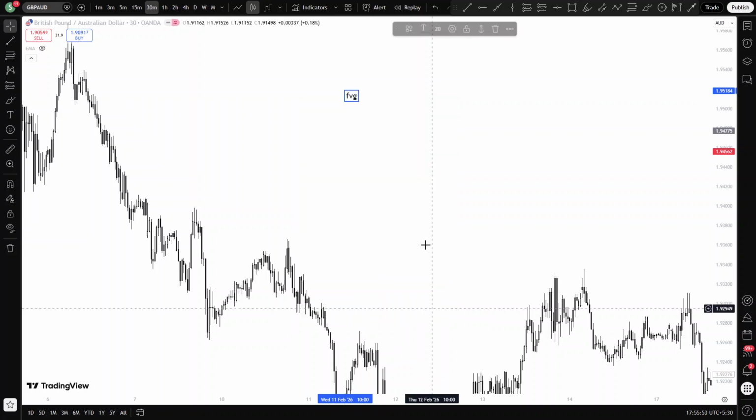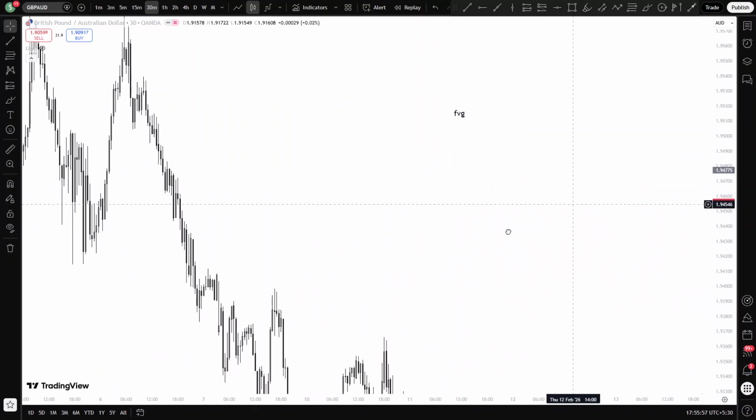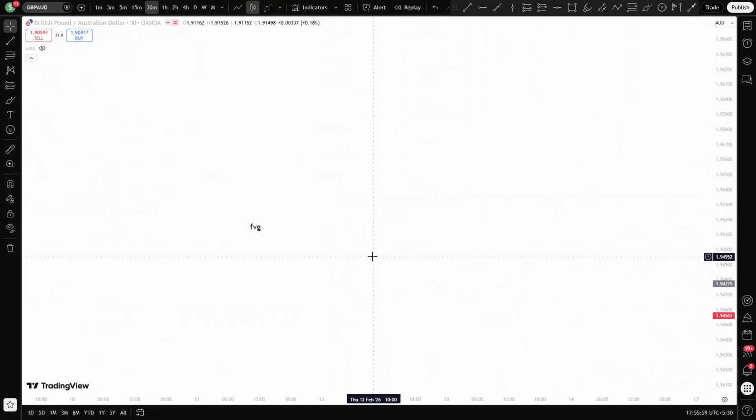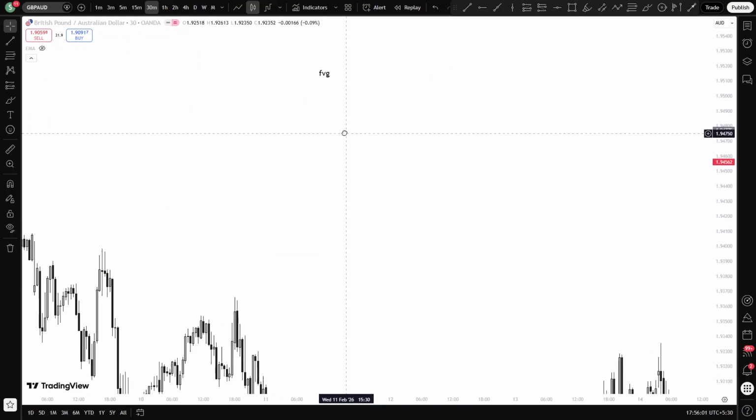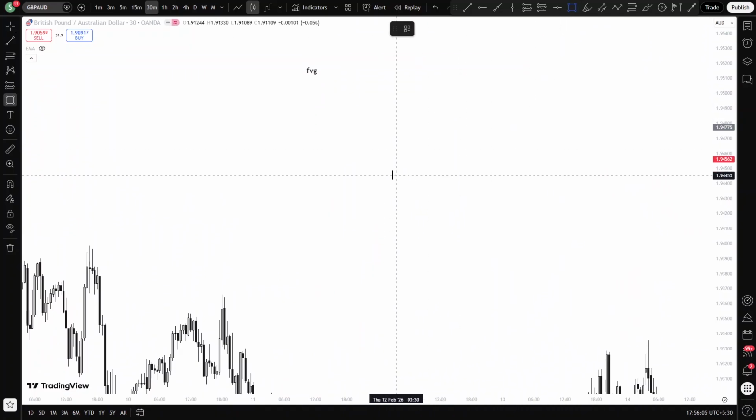So when we are talking about fair value gap, we are talking about the way the market moves and leaves a space in between two candlesticks. So if this is the market, we have this candlestick and we have another candlestick, and there is this candlestick.